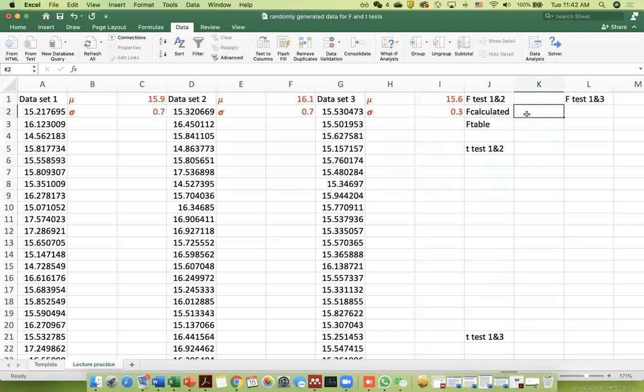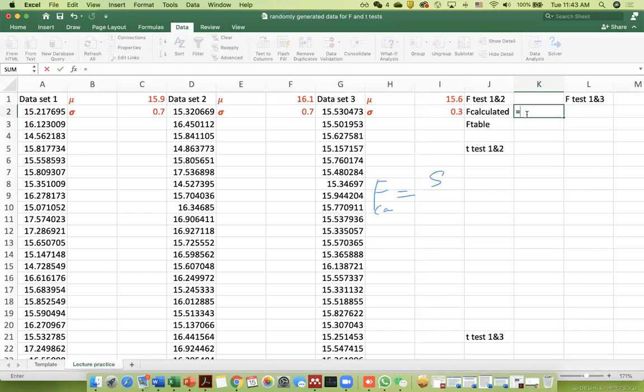Do you still recall what we just covered in the lecture? FINV. FINV is for the theoretical number, but we have to calculate F calculated for our data.